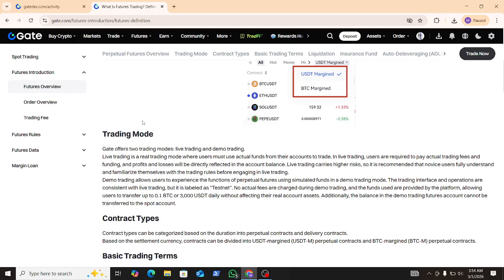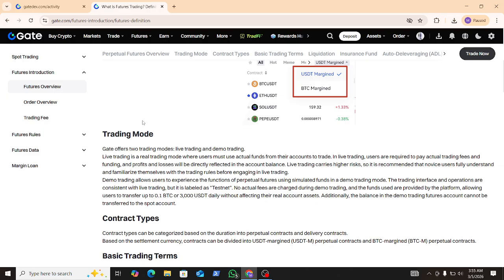Demo trading allows users to experience the function of perpetual futures using simulated funds. The trading interface and operation are consistent with live trading, but it is labeled as testnet.